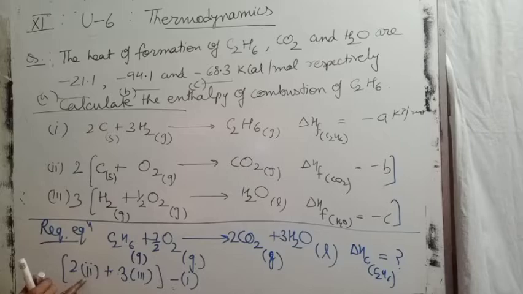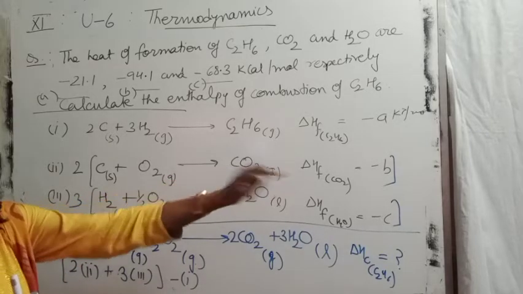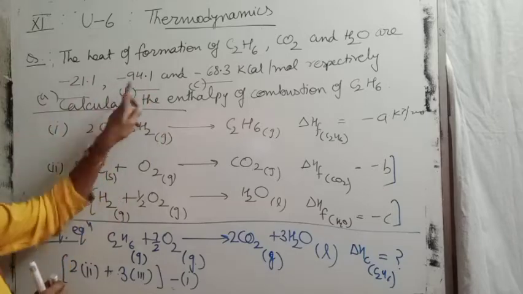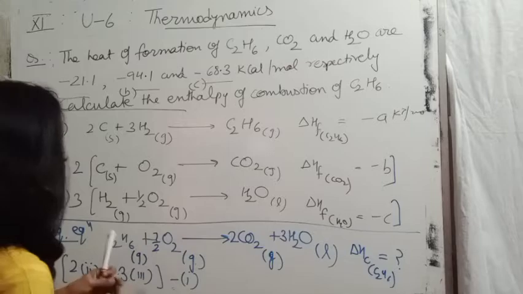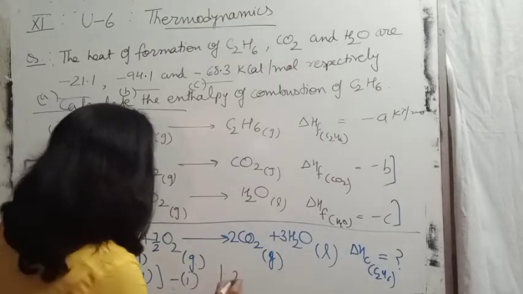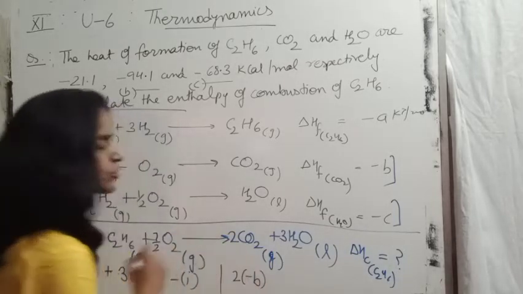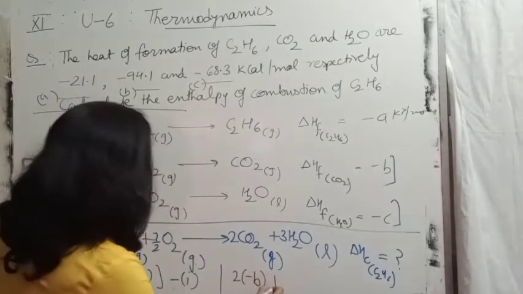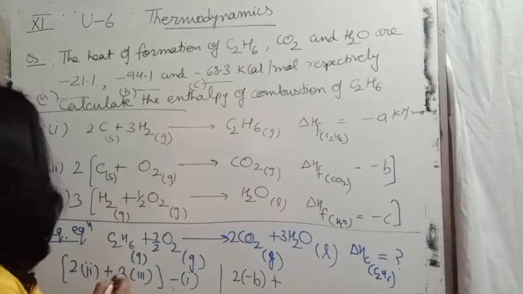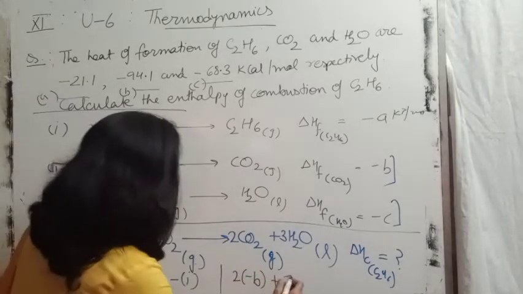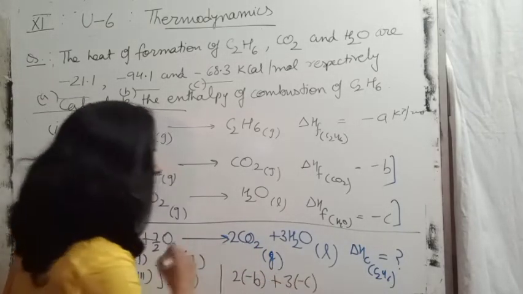So substitute the values here. How much heat is released in the second equation? Minus B. Take the value of B from here. This is B. So in case of the second, the heat is twice of minus B kilojoule per mole. Then for the third, the amount of heat is C. Multiply this by 3, so 3 times this heat.